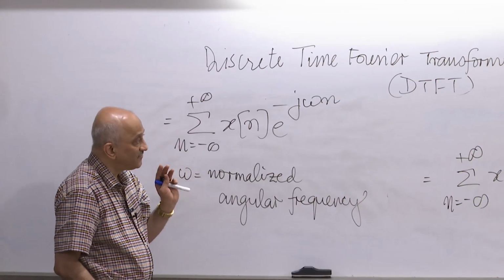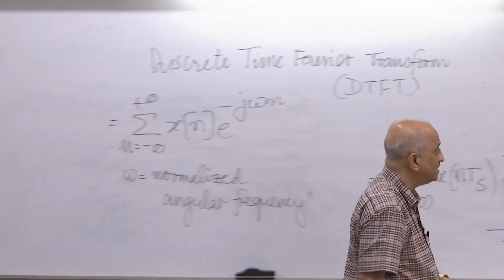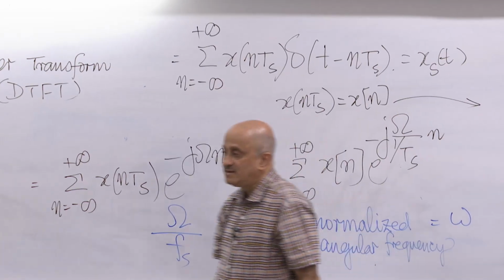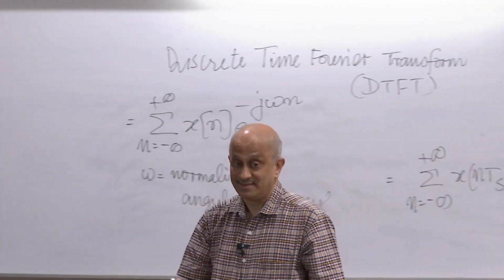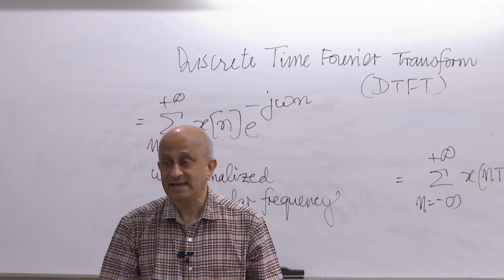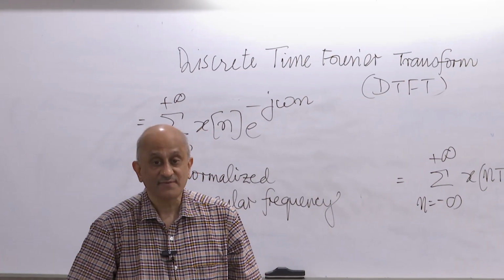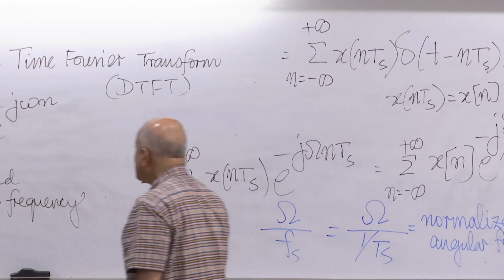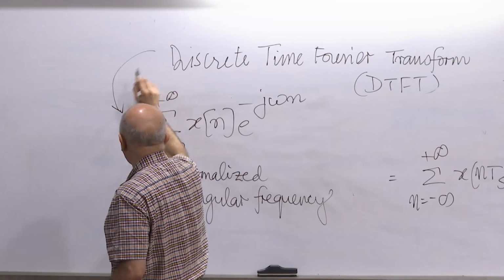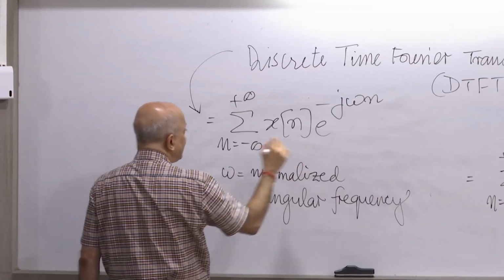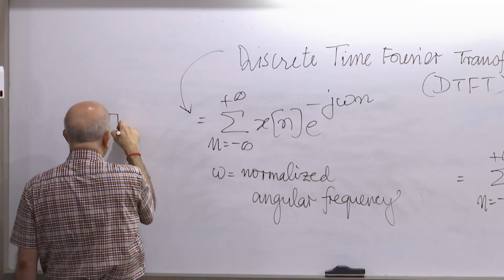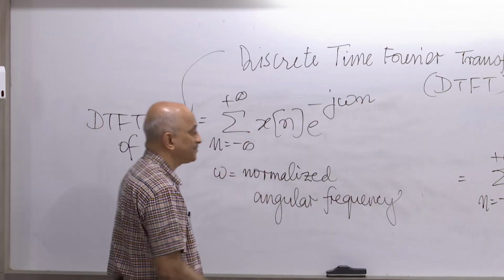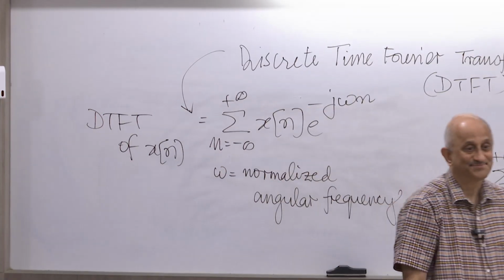You see, you have x of square bracket n. We'll say that x of square bracket n is now a discrete sequence obtained by sampling the continuous function xt. Is that right? This is called the discrete time Fourier transform. So this is the DTFT, discrete time Fourier transform of the sequence xn, what you obtained here, right?